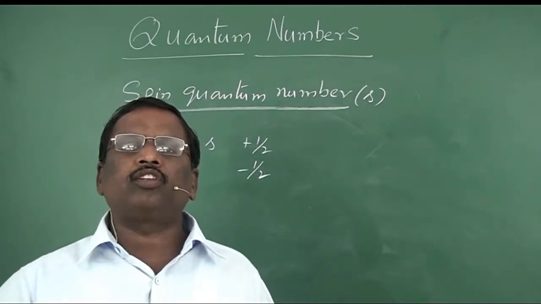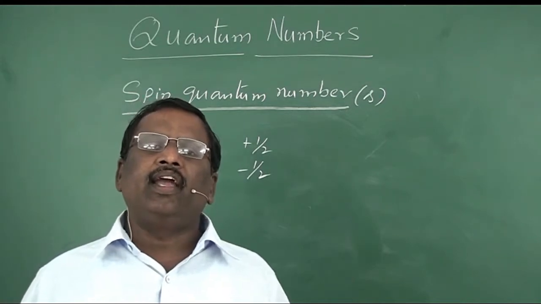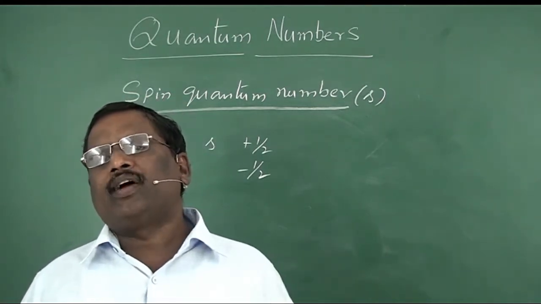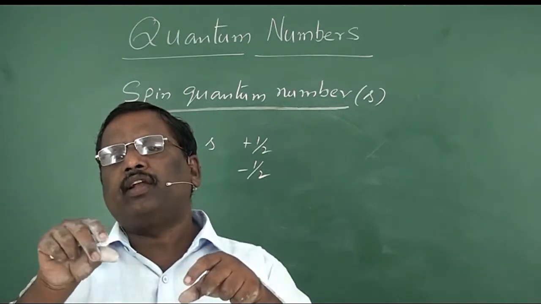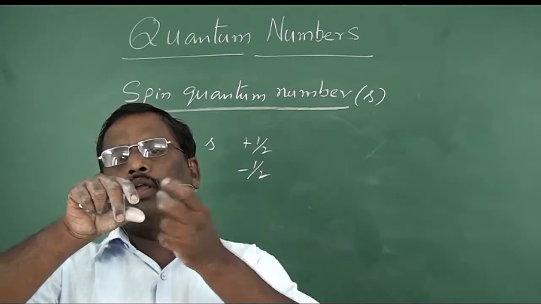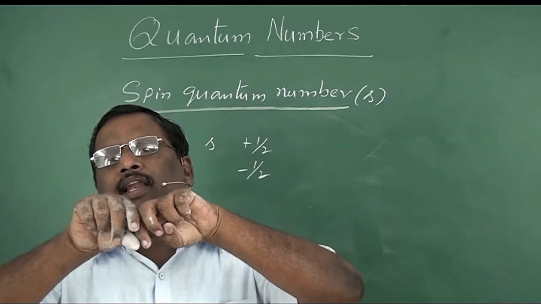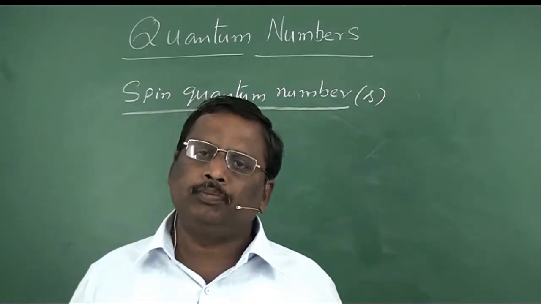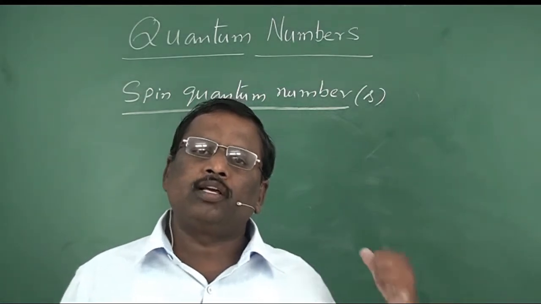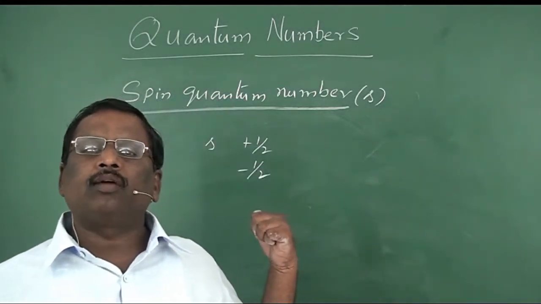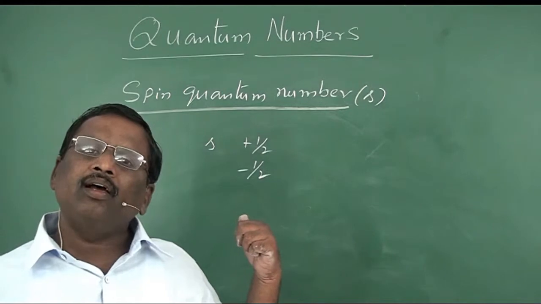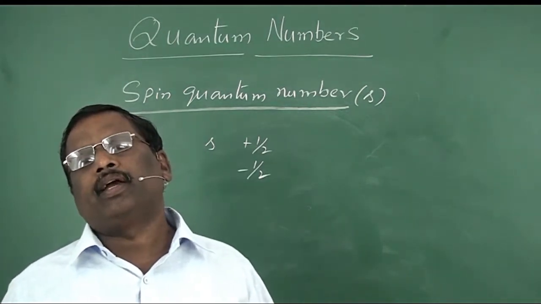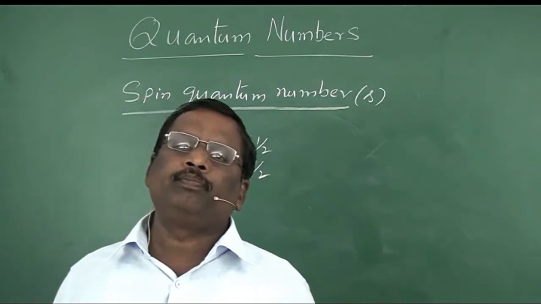If one electron spins in clockwise direction and other electron spins in anti-clockwise direction, the magnetic field that was produced by one electron is neutralized by other electron, and the resulting magnetic field will become 0. So the values for this quantum number are plus half and minus half, spin quantum value.